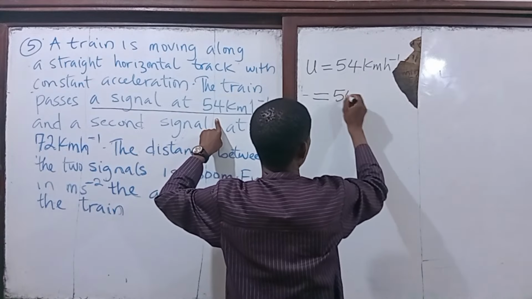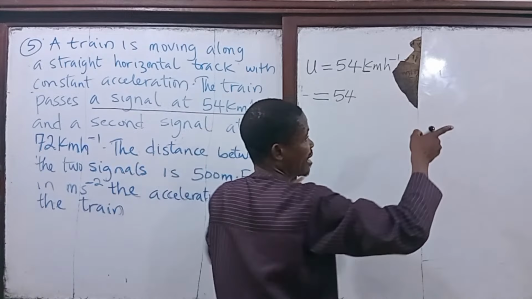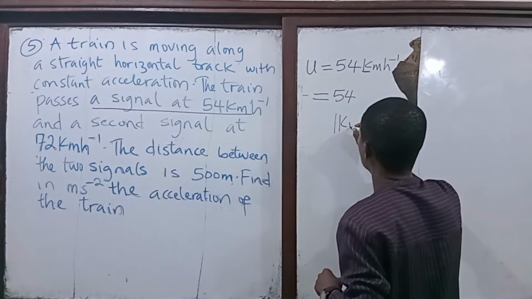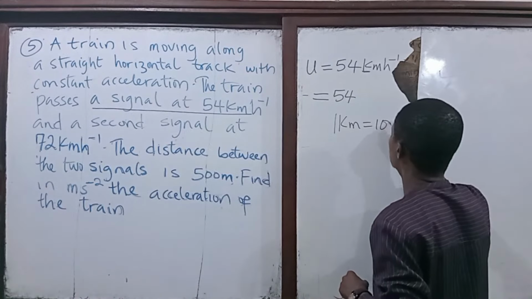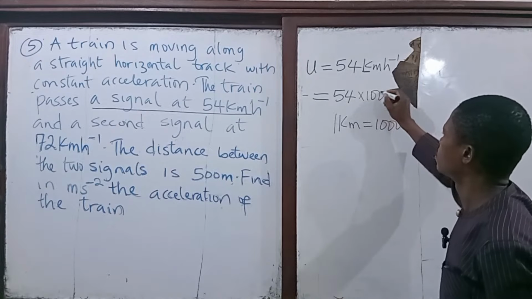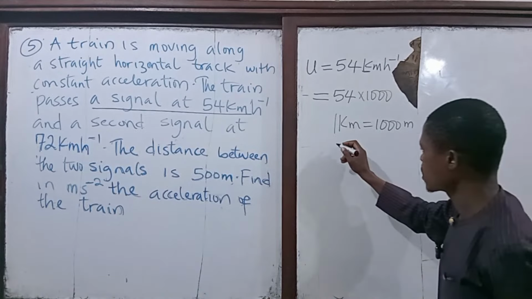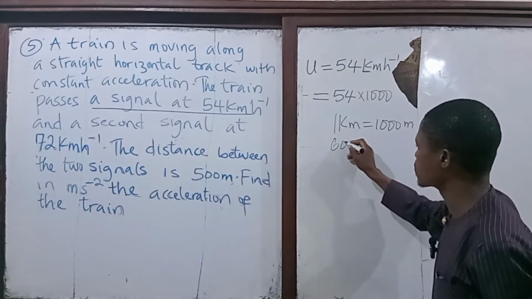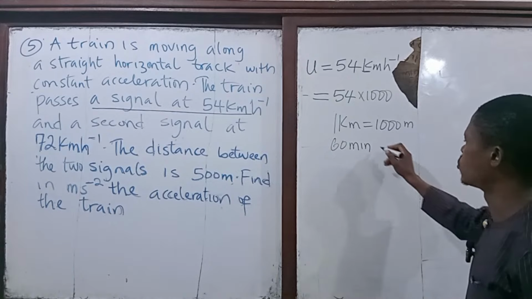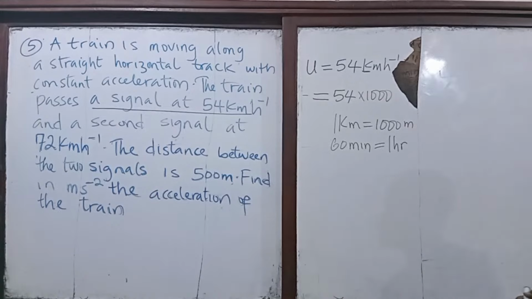That will be 54 kilometer. 1 kilometer is equal to 1,000 meters. So that will be times 1,000. And don't forget, 60 minutes is equal to 1 hour.